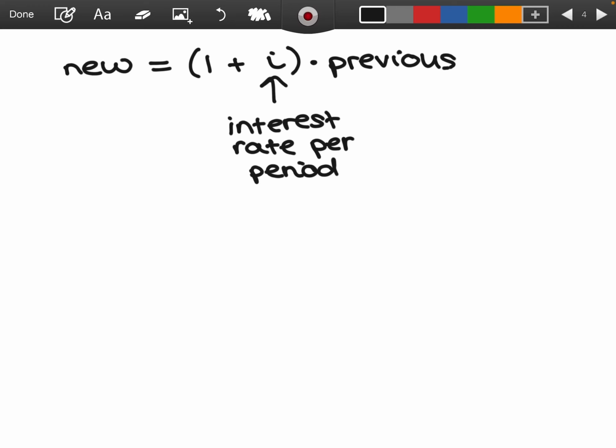I keep doing this. So to find my next value, I would take 1 plus I times the previous value. To get the next one, I would do the same thing again, and I just keep moving up my values.